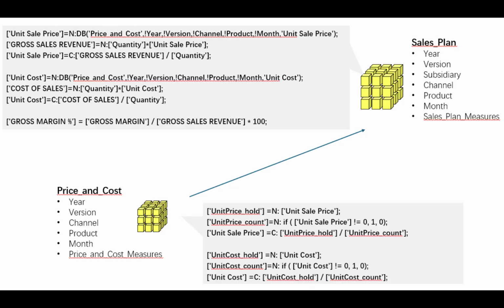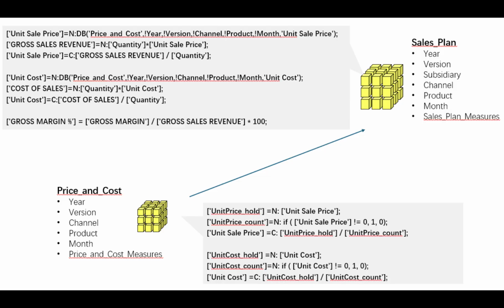We are going to demo a sales planning scenario. There are two cubes. One is price and cost, which stores data of unit price and unit cost of each product. It has 6 dimensions: year, version, channel, product, month, and price and cost measures.